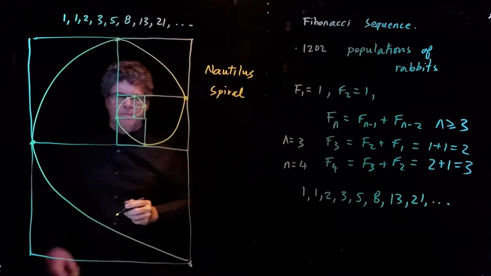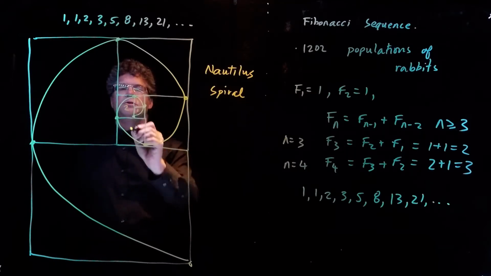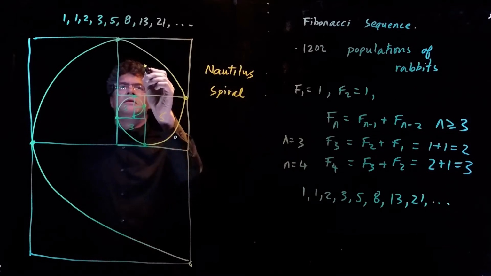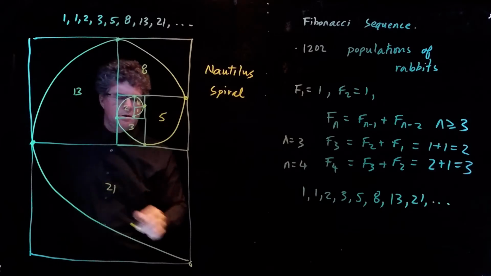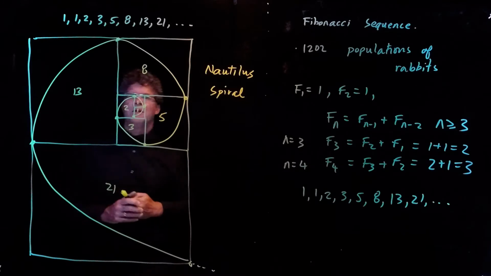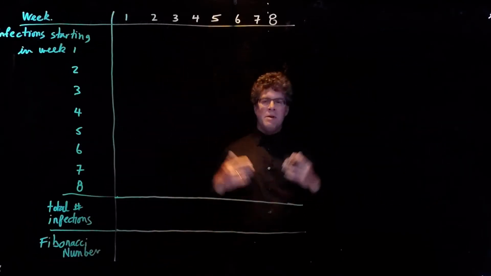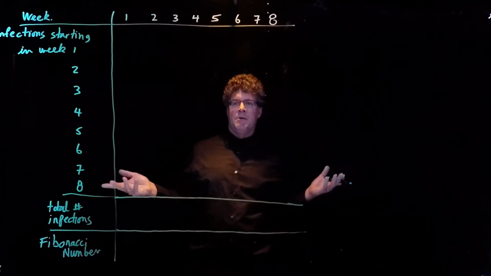So I'll put on the numbers in the sequence 1, 1, 2, 3, 5, 8, 13, and 21. And it can continue. Isn't that beautiful? So you might be asking yourself, how does COVID-19 relate to the Fibonacci sequence?